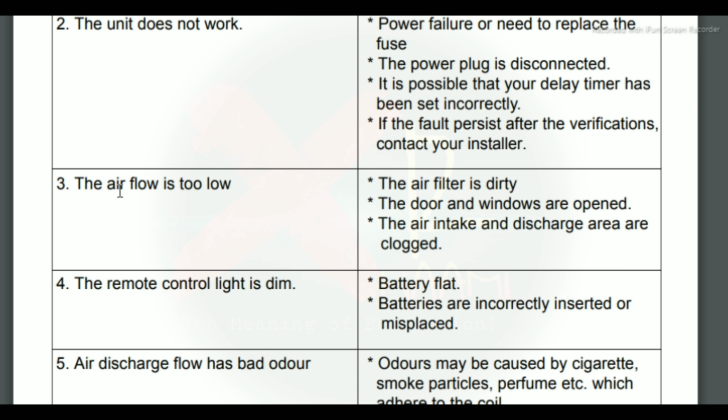Another one is the airflow is too low. Maybe the airflow of your air conditioner unit is too low. What is the problem?